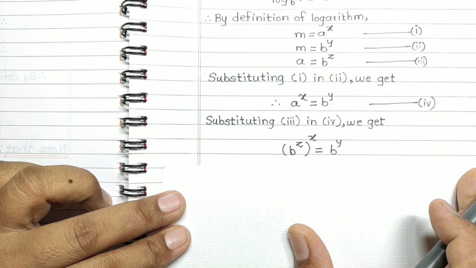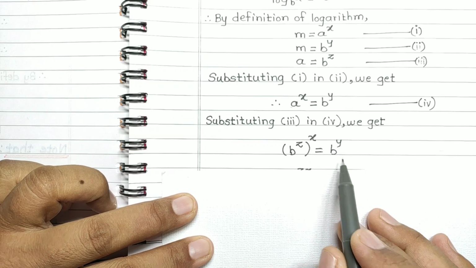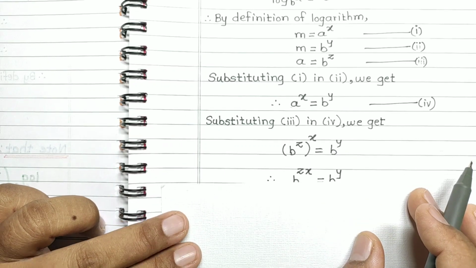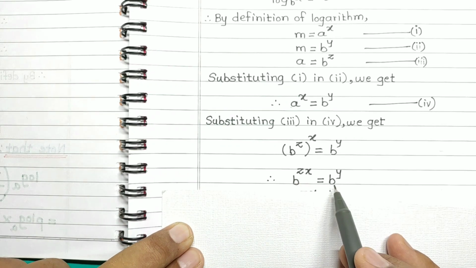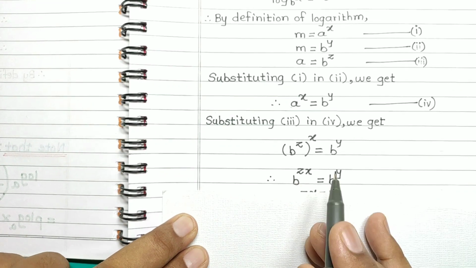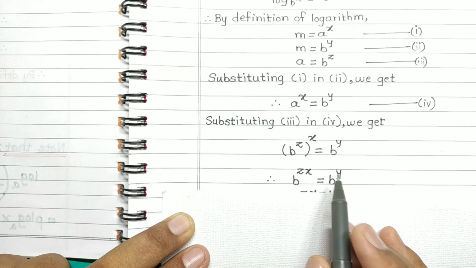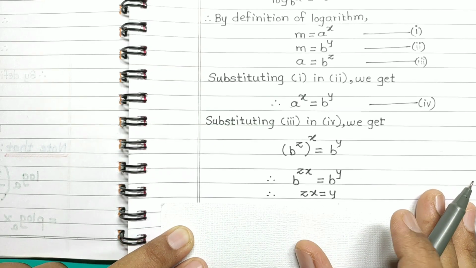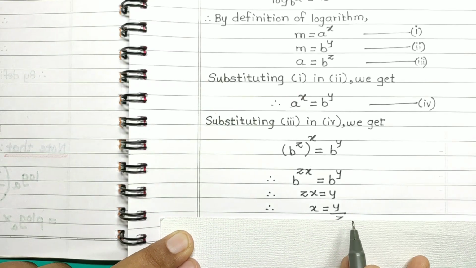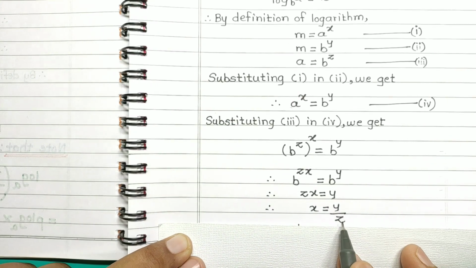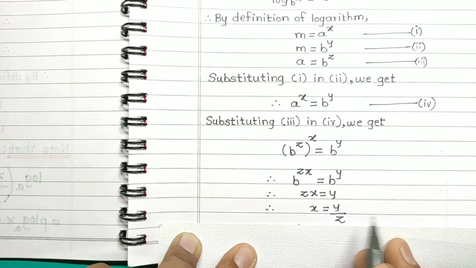So b raised to z raised to x is equal to b raised to y, and by rules of indices we have b raised to zx is equal to b raised to y. Here bases are same, so equating powers we have zx is equal to y, and therefore x is equal to y by z, by shifting z to the other side.